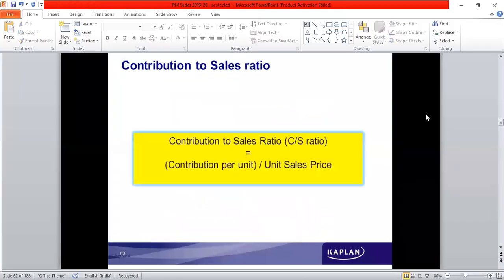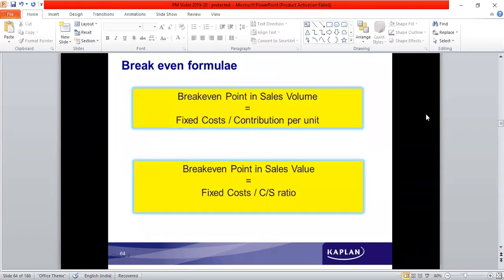So then we go ahead and see the variations. The contribution to sales ratio we have as contribution per unit by sales per unit. Ultimately, total contribution is contribution per unit into number of units, and total sales is selling price per unit into number of units. So these are variations of the same formula.